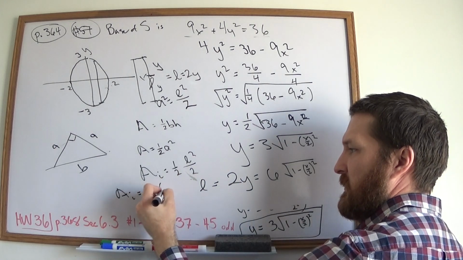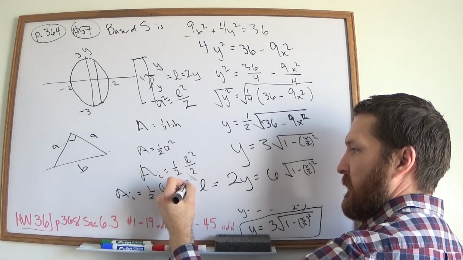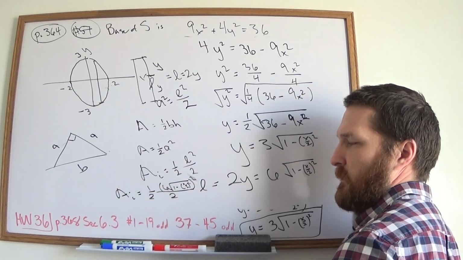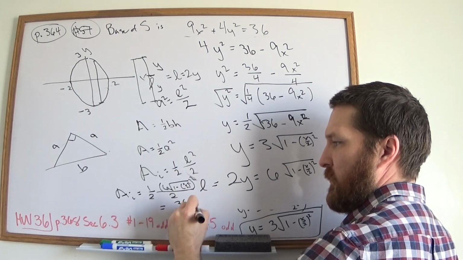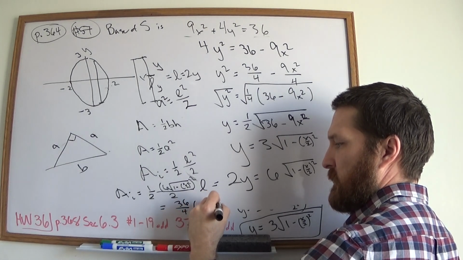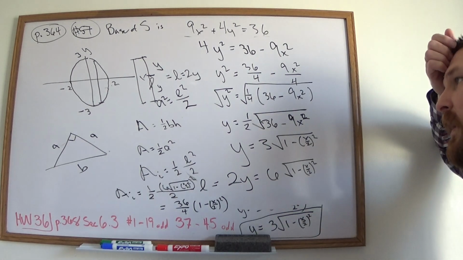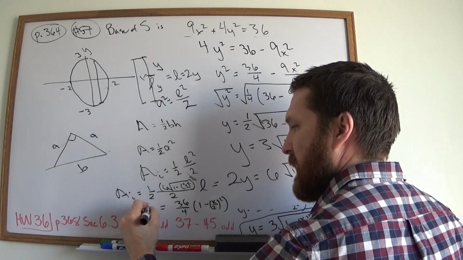So that's 6 root stuff squared over 2, so that's 36 over 4 times 1 minus x over 2 squared. And now we need to integrate. So there's my ith area.